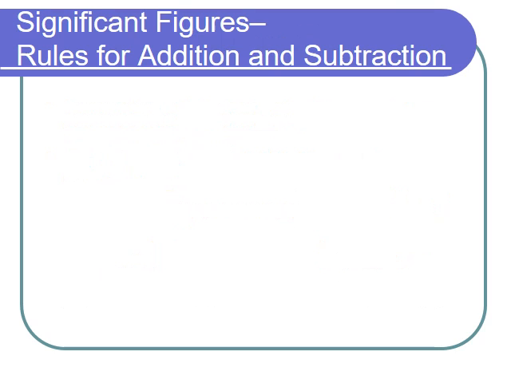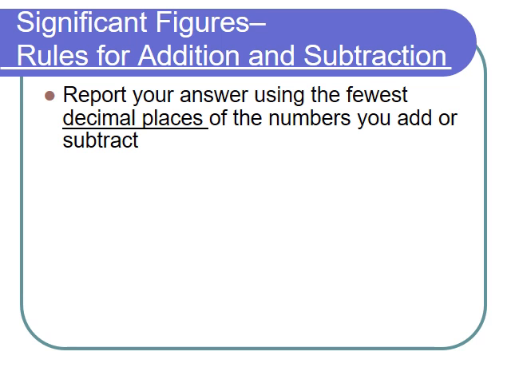Let's now talk about rules for addition and subtraction of significant figures. You want to report your answer using the fewest decimal places of numbers that you add or subtract. Let's look at an example. Take your calculator, add these numbers together, get an answer, and we will talk about the significant figures.